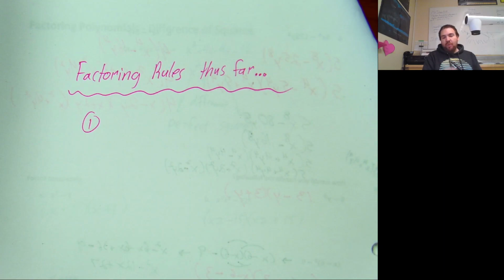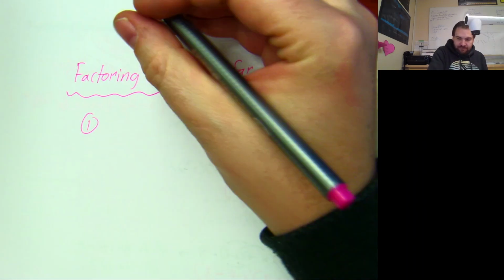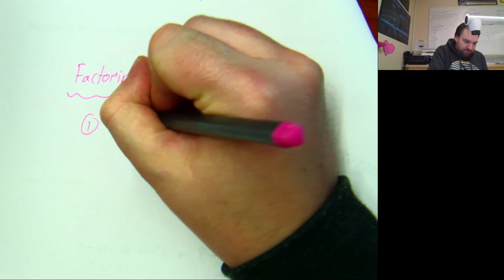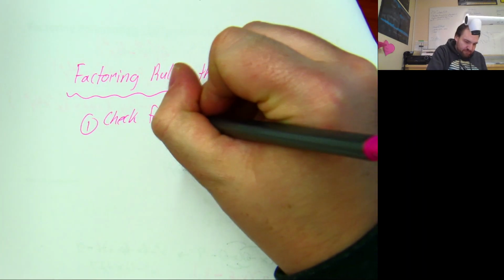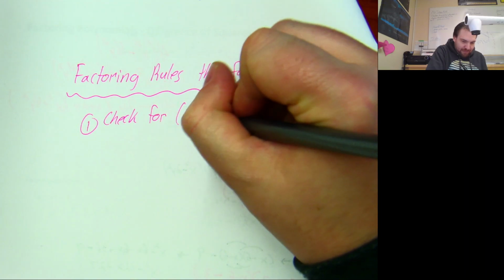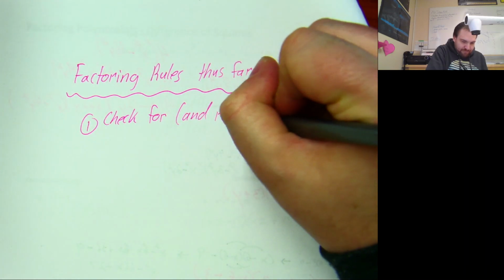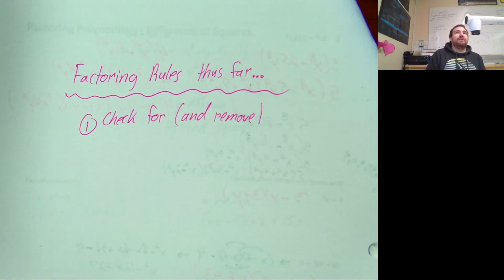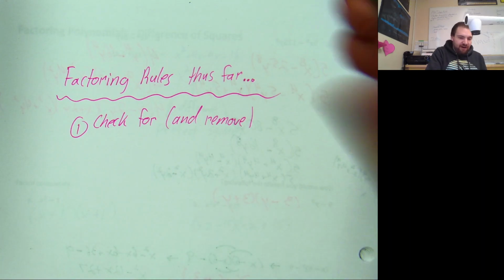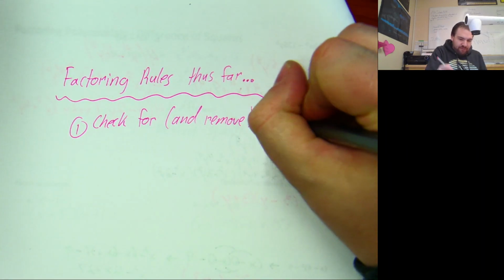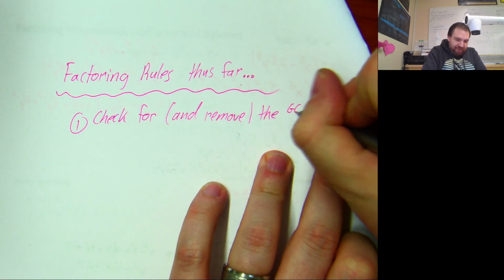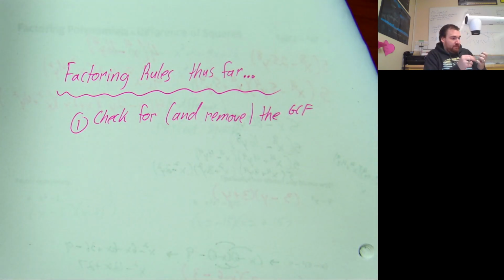The first thing you always want to look for is to check to see if there is a common factor. But we don't want to just check for it. We want to check for it and remove it if it's there. The GCF. There might be one, there might not be one. There doesn't have to be one, but if there is one, deal with it.